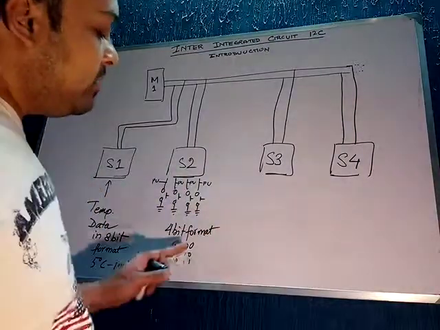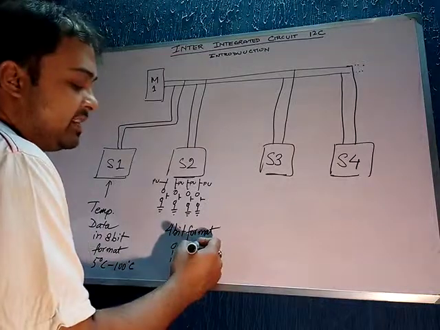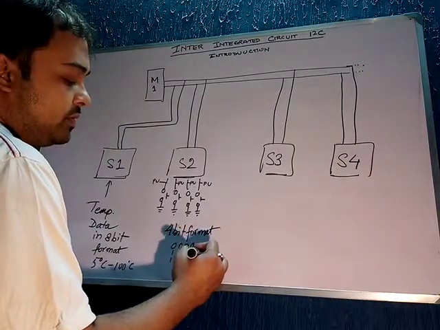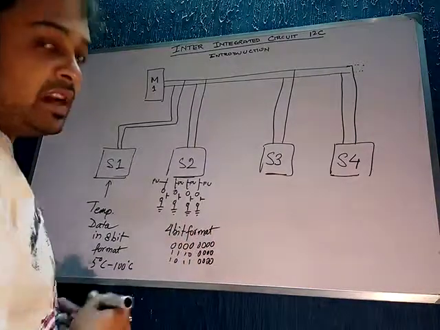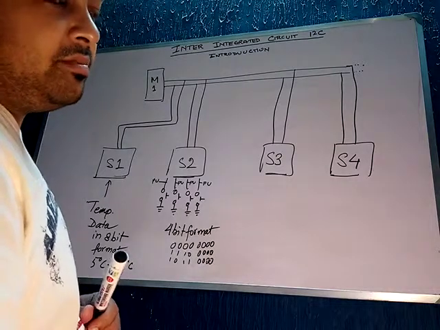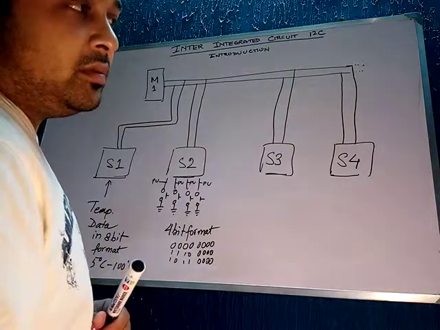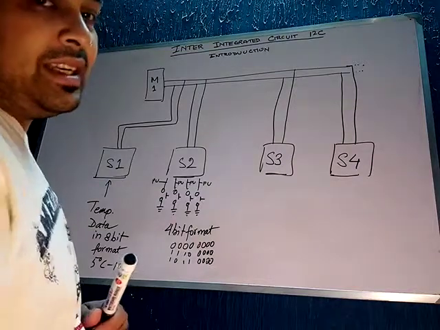Now you can tell me, what about the remaining 4 bits? Well, you can just pad it as 0000. You know what padding is? Just filling up with useless data.